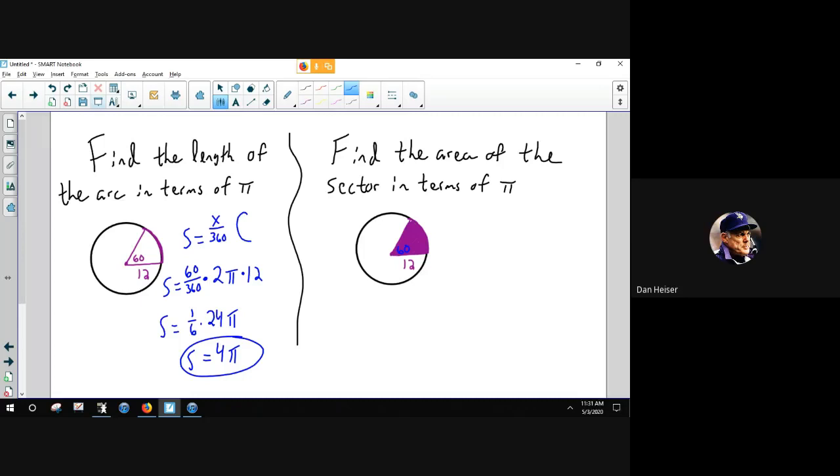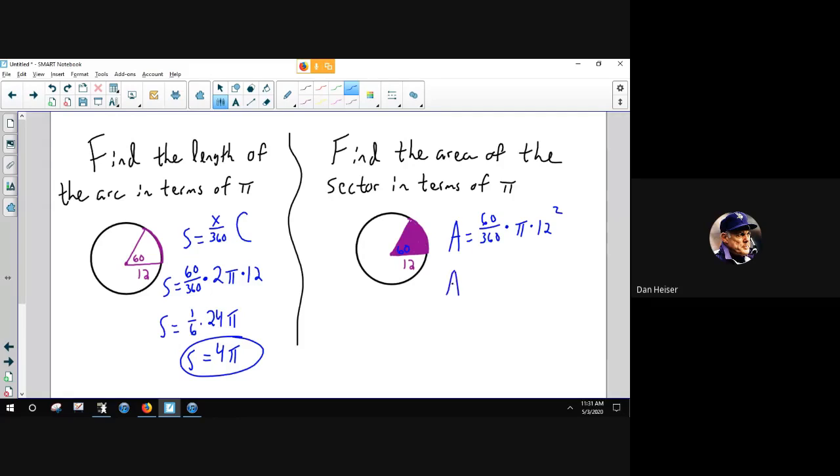Find the area of the sector in terms of pi. Again, we have fraction, pi, radius, squared. Radius squared is 144.